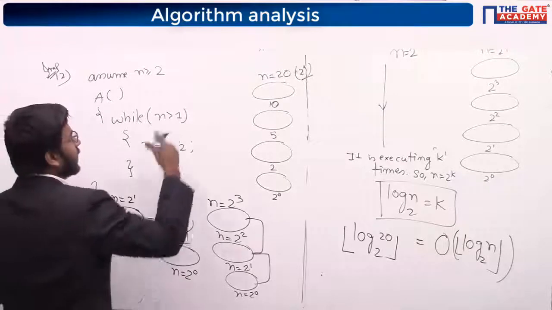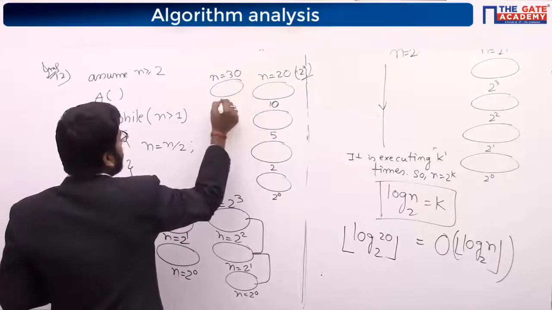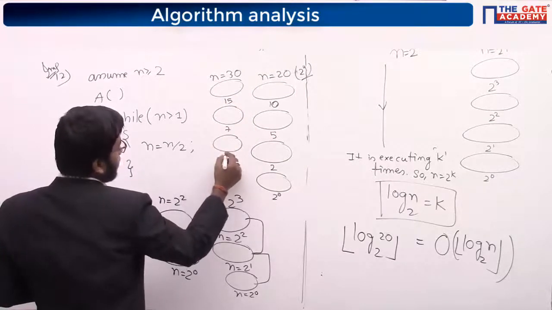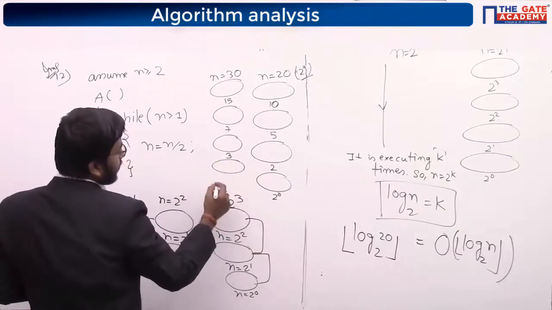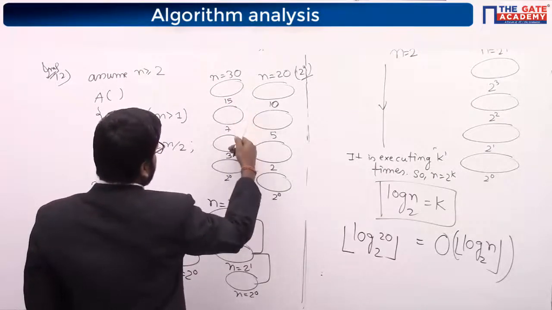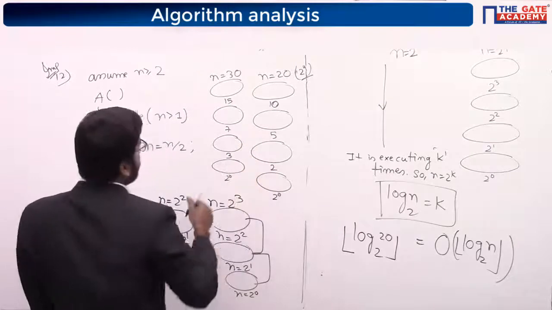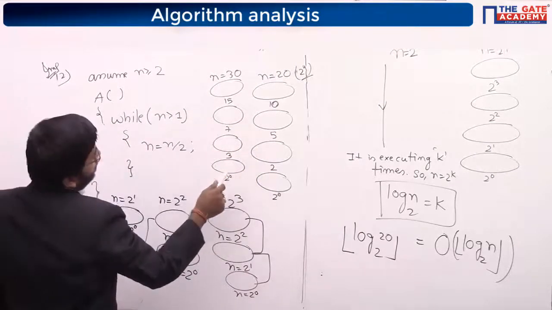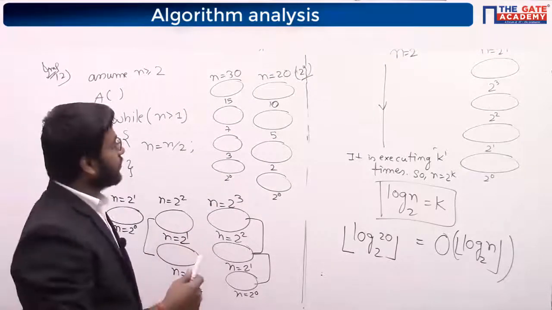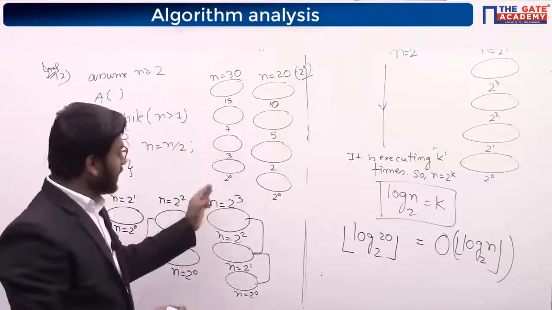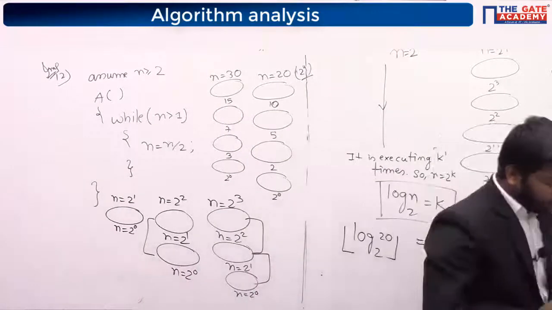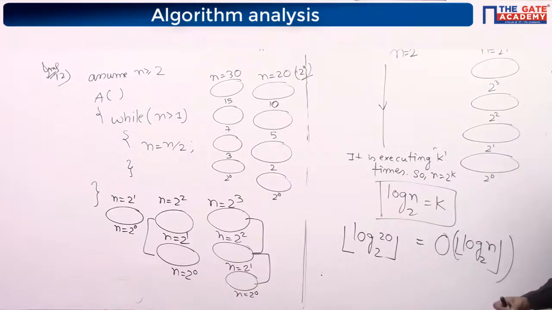For n equal to 30 also: 30, then 15, then 7, then 3, then 1. So how many times is it executing? 1, 2, 3, 4. Yes, same. 2 to the power 5 is 32, so again it is executing 4 times. So it is taking the floor only. So is it clear? So the time complexity is big O of log n base 2. Is it clear? Anyone having any doubt here?